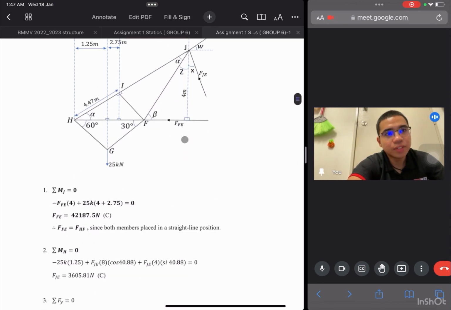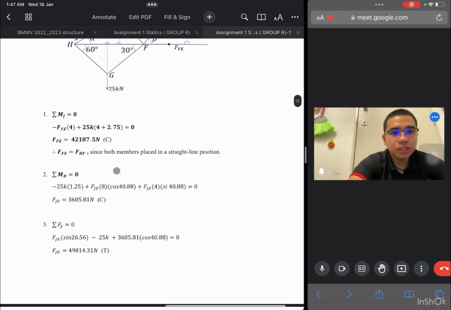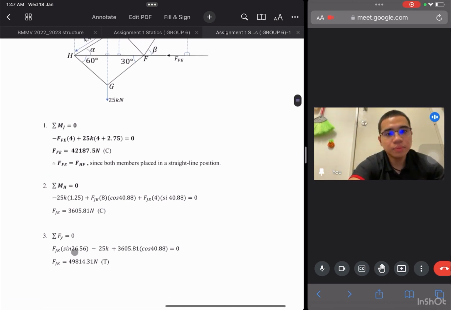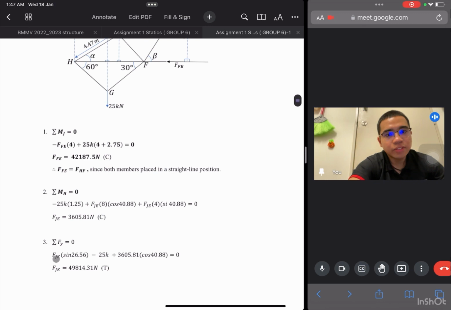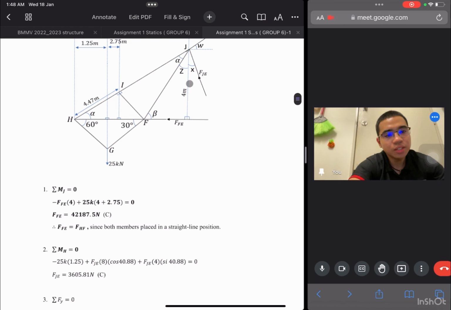And in order to find the force JK, by using sum of force for the y component equal to 0. So by solving this angle, we'll get FJK sine 26.56 minus 25 kilonewton plus force JE outwards position.